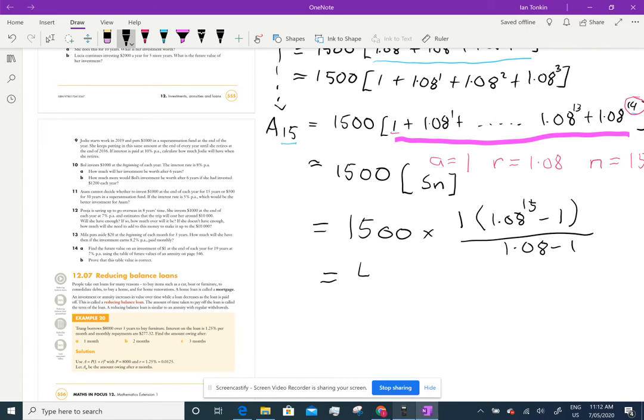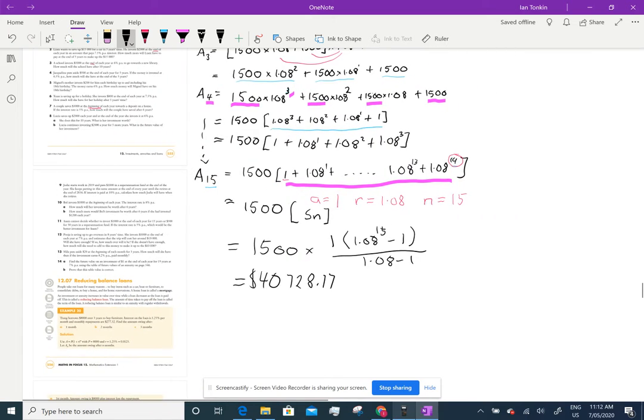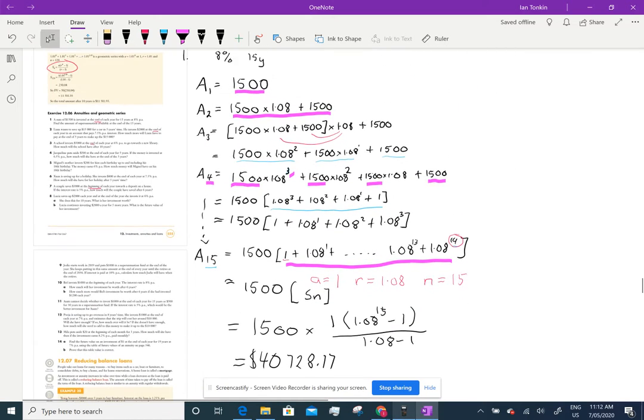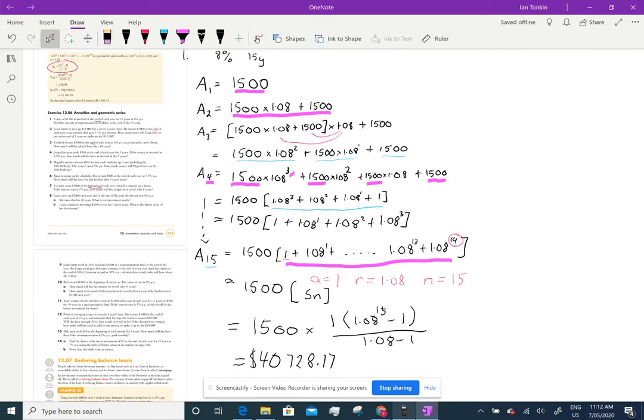Yes, we are right. $40,728.17. Now, I've really stepped that out. You won't go through all those steps. You might skip a few. You might be able to see it a lot more quickly. That's how I want you to do them.